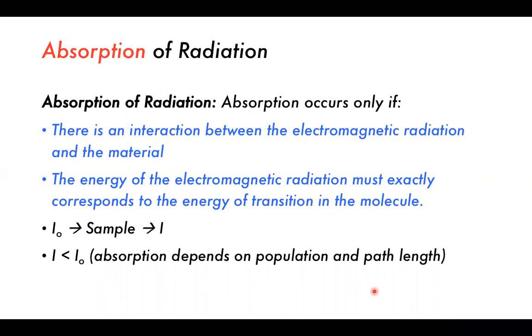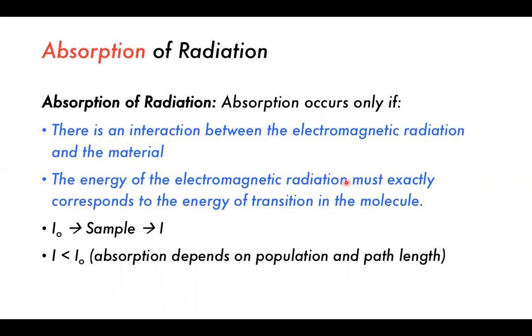Typically in things like UV-vis measurements, that means that the energy of the light has a wavelength which matches one of the transitions inside of the molecule, like a transition from a ground state to an excited state. And we'll see that as we go through.